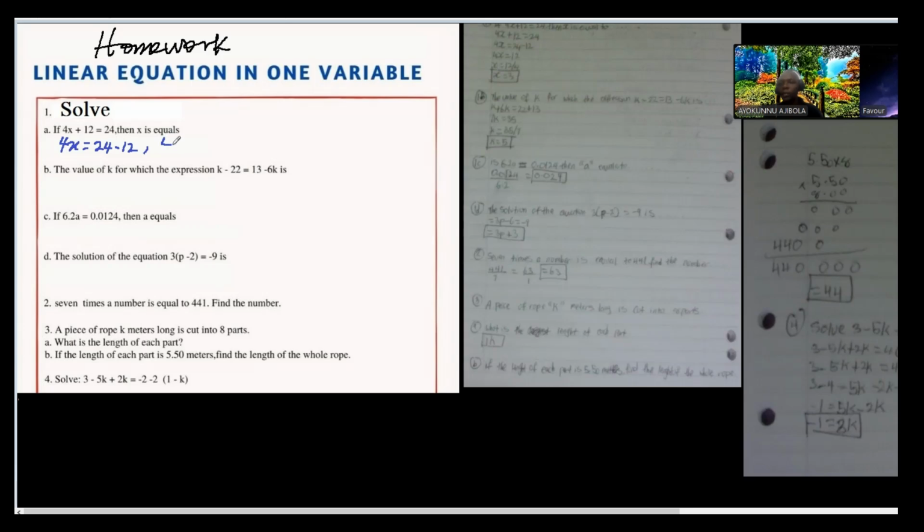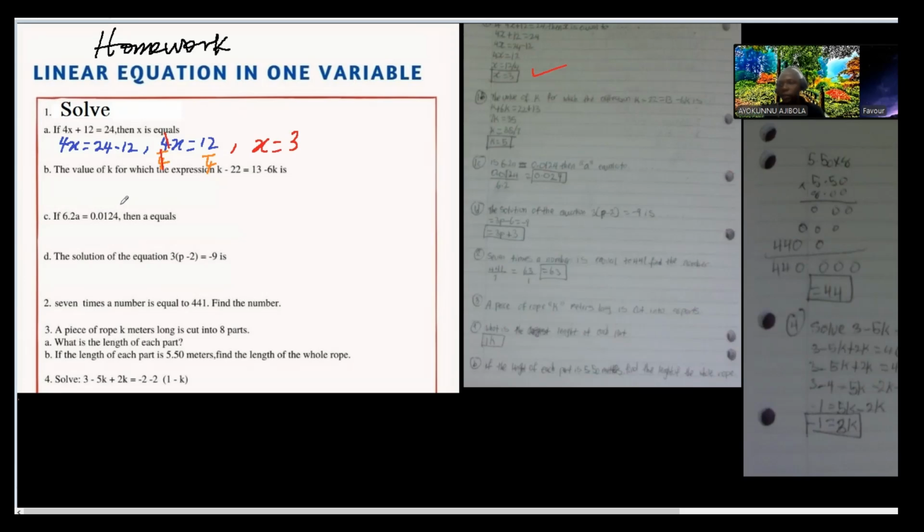Then 4x equals 12. So I divide both sides by 4. Once this cancels this, we have x equals 12 divided by 4, which is 3. So your answer is correct.